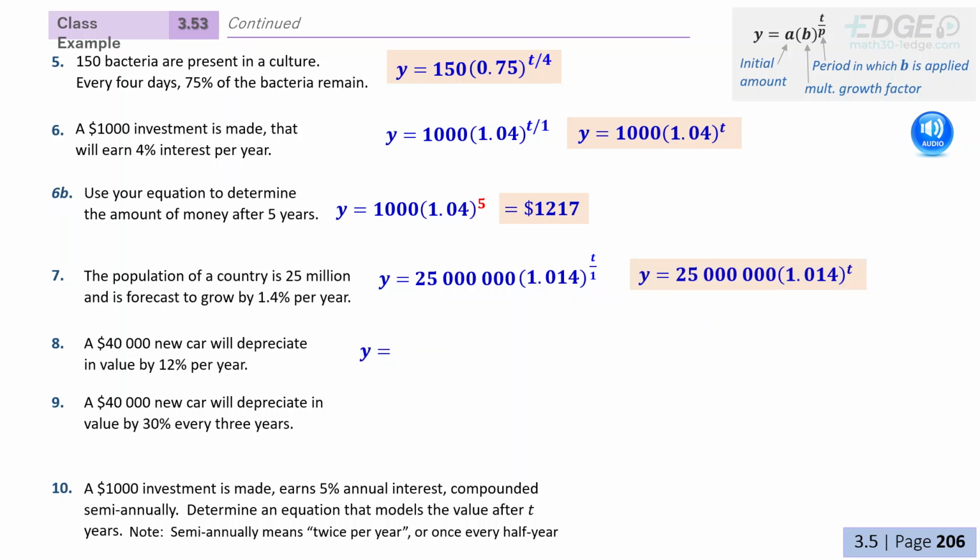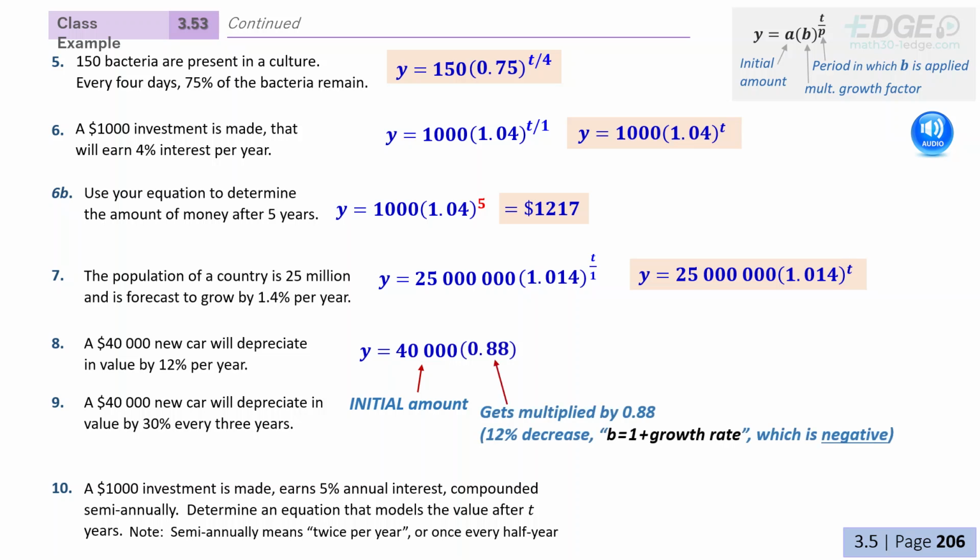Number 8, a $40,000 new car will depreciate in value by 12% per year. So if we start off with a $40,000 vehicle, then we're going to depreciate by 12%. So just careful on that, right? Because 100% would be 1. That's where you'd start, where nothing would change.